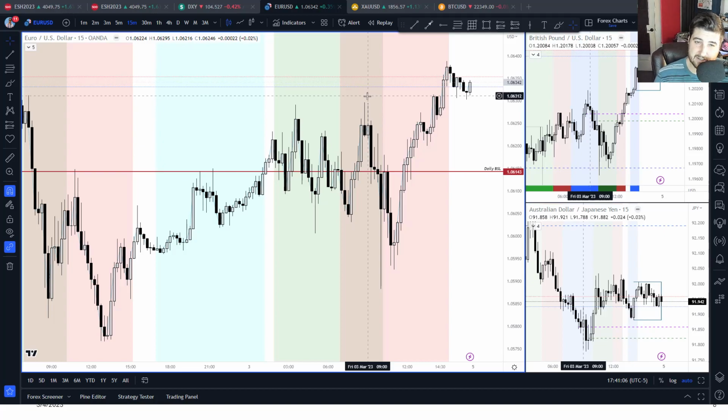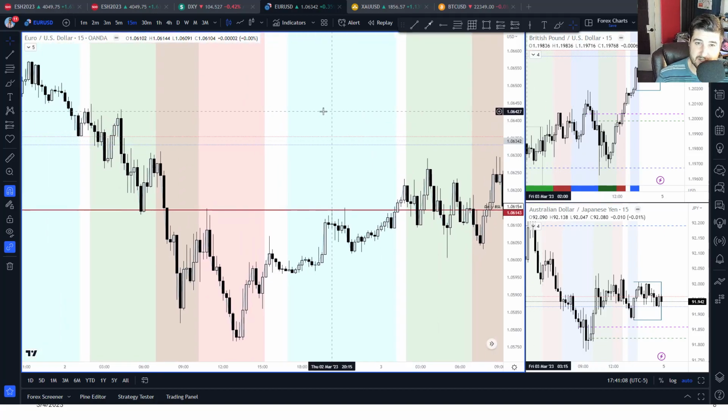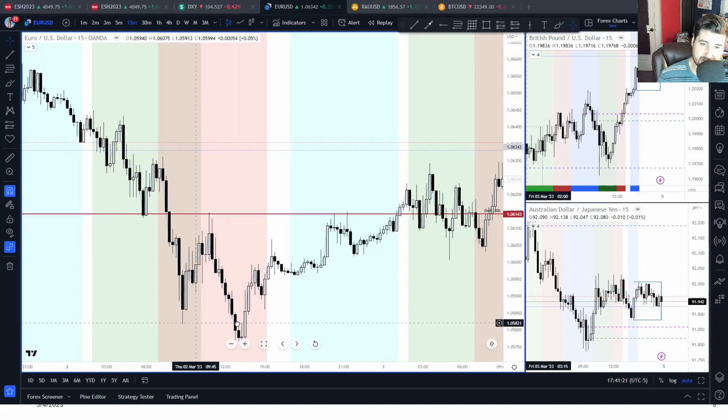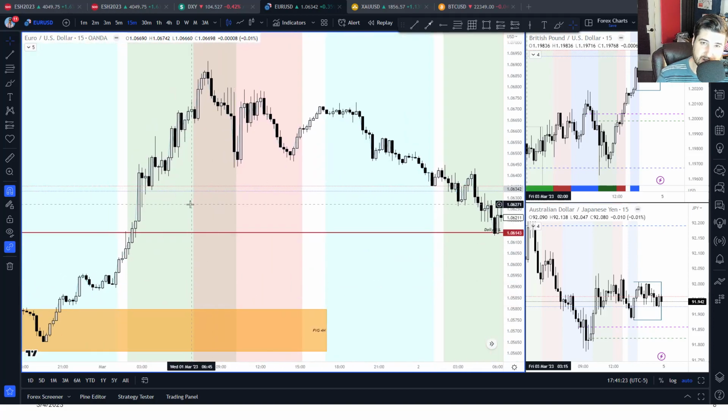What I like, and what usually happens, is you can see what happened in London, and most likely it's a continuation or consolidation from London. Now this one went into a consolidation, ran into the London close, and then chopped around.